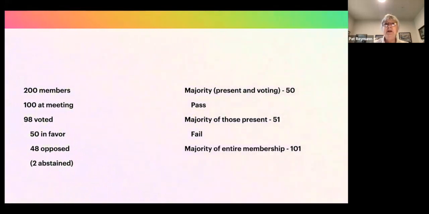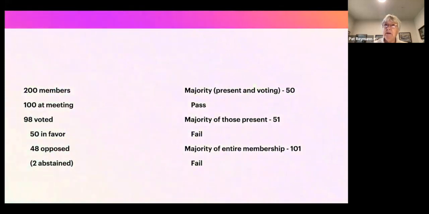How about a majority of the entire membership? Well, the entire membership is 200. A majority of that would be 101. No way that would pass because you don't even have that many people at the meeting. So that one is a goner also.